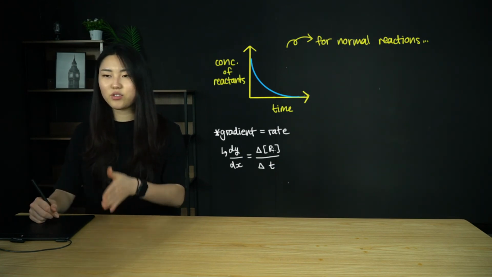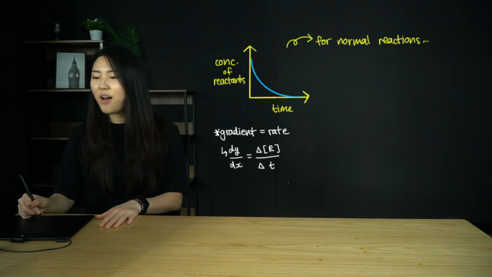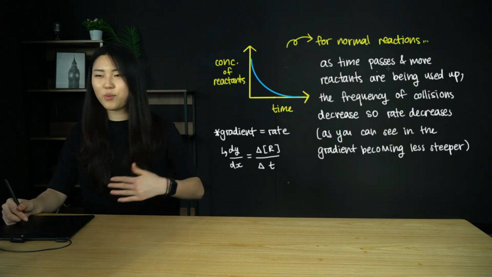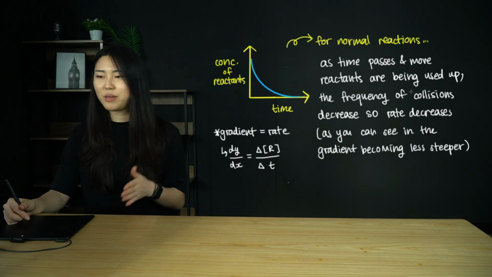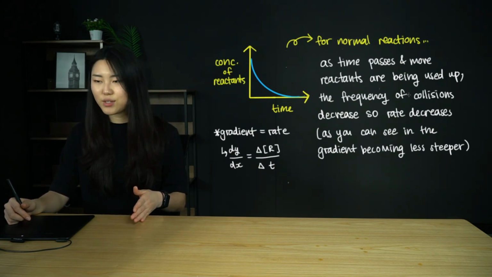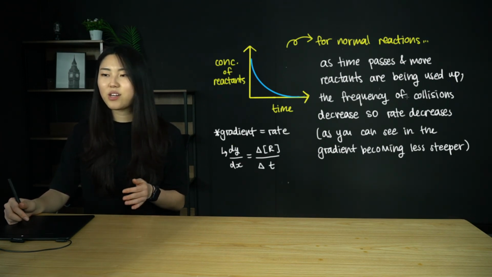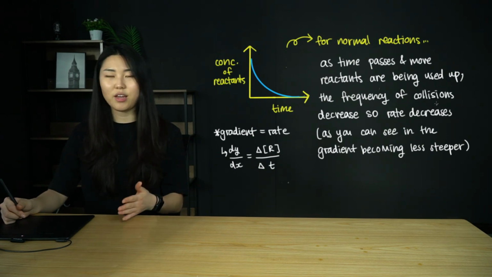The rate at which the concentration of reactants changes over time. As time passes and more reactants are being used up, the frequency of collisions decreases, so rate is decreasing, as you can see in the gradient becoming less steep. So I'm now explaining a little more with the collision theory involved.